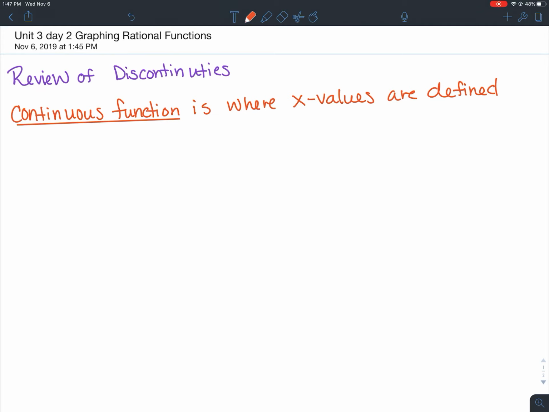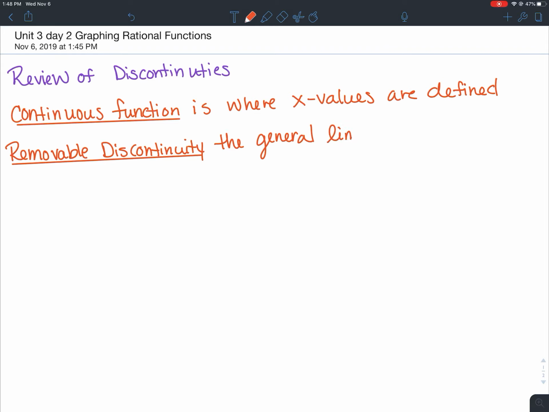And then we have a removable discontinuity, and that is where the general limit exists, or aka a hole, because even if there's a hole, the general limit still exists, okay?